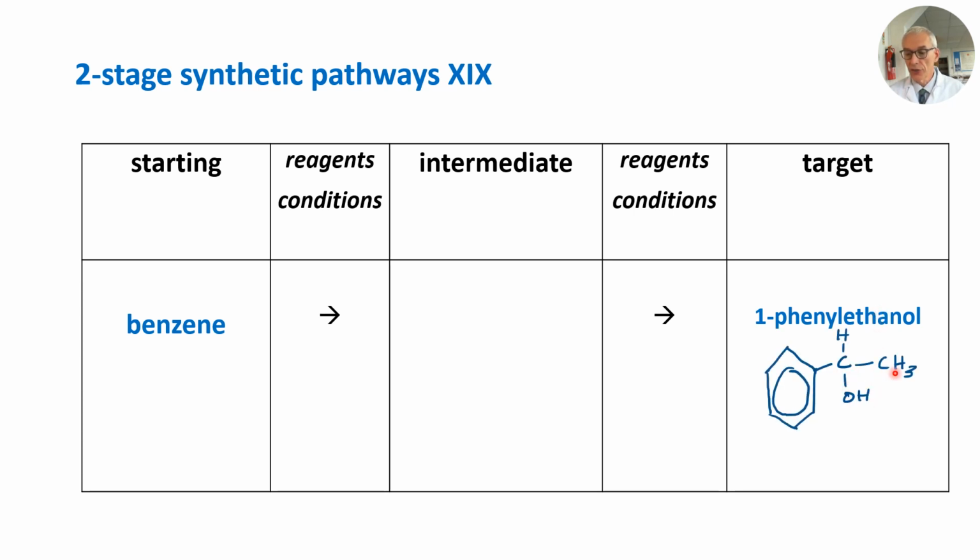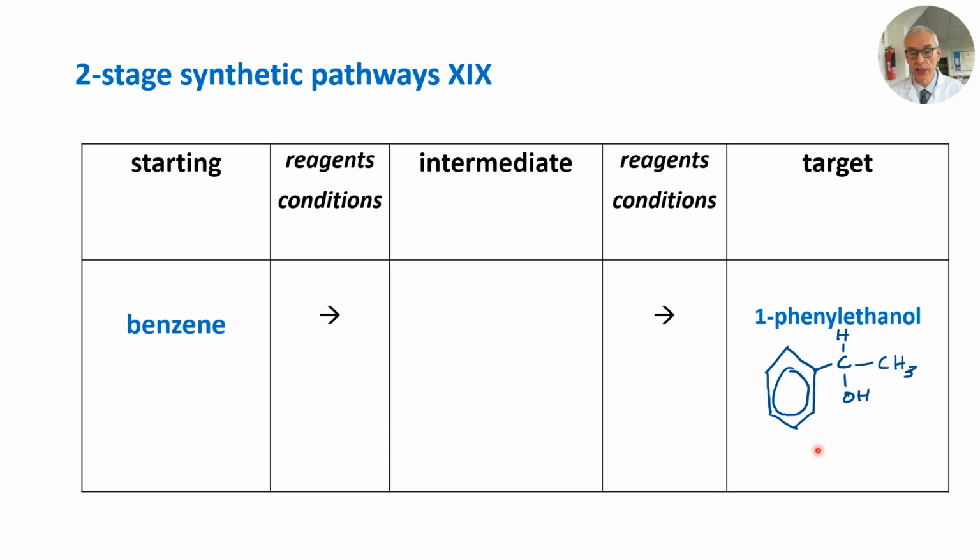So here's a structure for ethanol. So this is carbon number 1. Because the side chain attached to the benzene ring has a functional group, we name the benzene structure as phenyl attached to carbon number 1. So that's 1-phenylethanol.